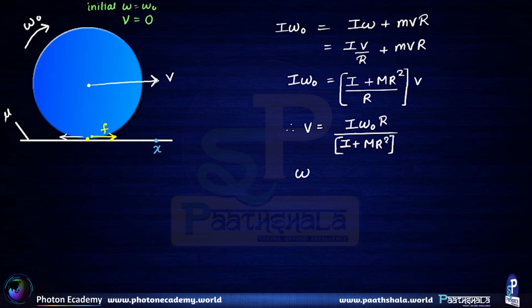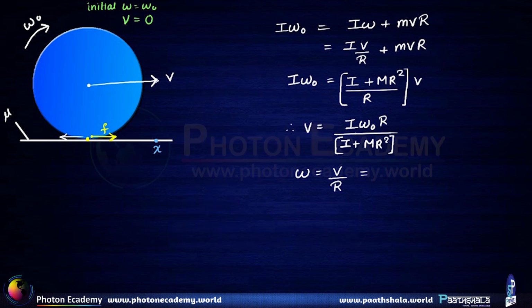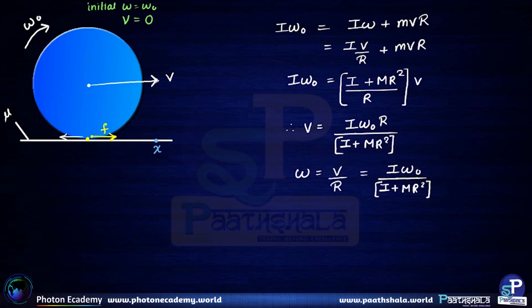So omega is nothing but v by r, and on dividing this right hand side expression with r, we get I omega naught upon I plus mr square. All these equations are also dimensionally correct. It is generally a good habit to develop to check the dimensional correctness of the equations and the analysis that we are doing in order to just make sure that we are accurate.